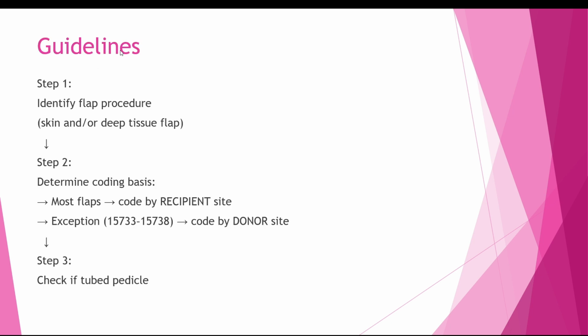Next we have the guidelines related to the flap procedure. Okay. First you have to identify the flap procedure, whether the skin and deep tissue flap. Next you have to determine the coding. Okay. Most flaps you will code by the recipient side. Okay. Exception is for the 15733 and 15738 you will code to the donor side. Next, you have to check if tubed pedicle or a flap delay performed.